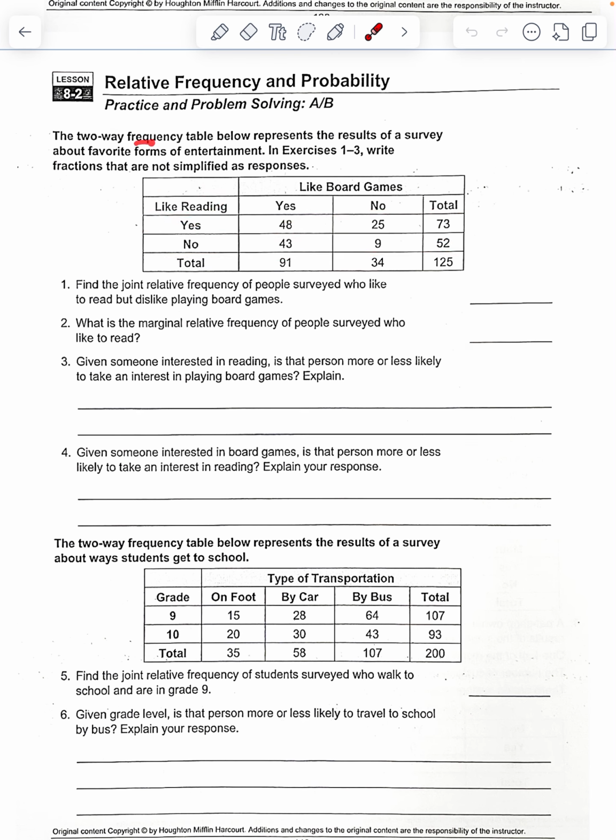Okay, the two-way frequency table represents the result of a survey about a favorite form of entertainment, board game and reading, right? For exercises 1 to 3, write fractions that are not simplified. Oh, we don't have to simplify the frequency, the result, right?